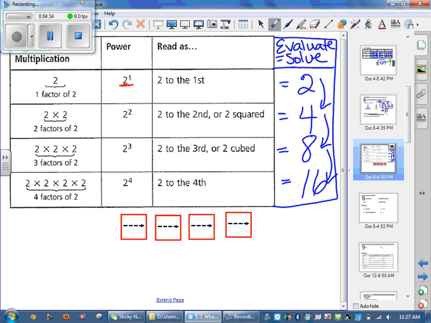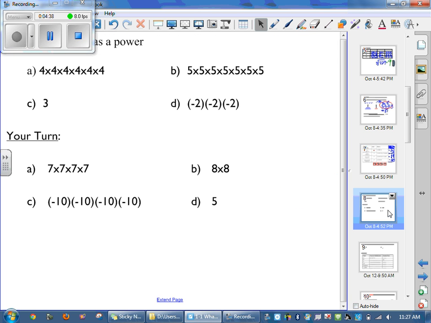Okay, let's take a look at the next section. Let's write these as powers. You should have it at the very bottom of that page. How would you write A as a power?